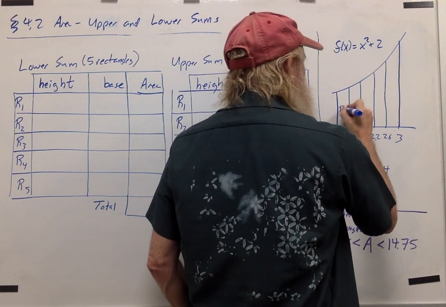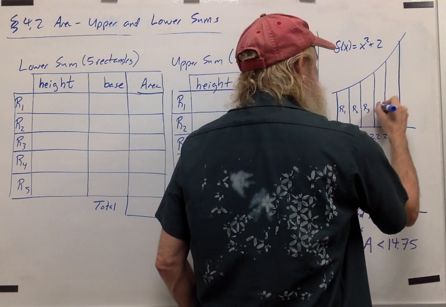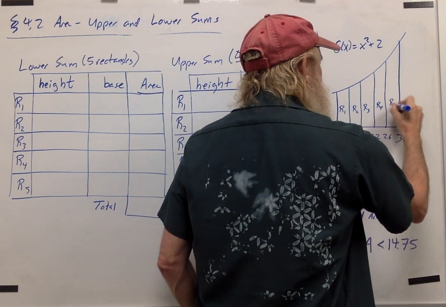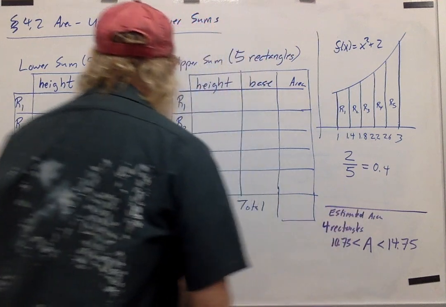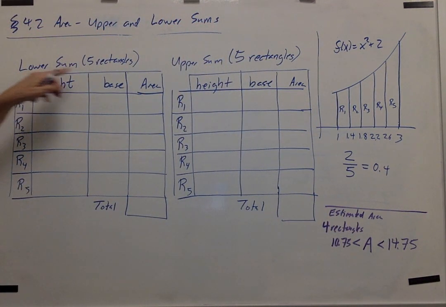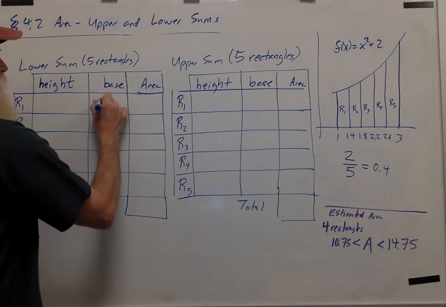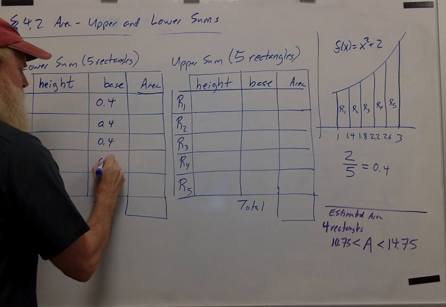So when I divide into rectangles, R1 through R5, each rectangle has width 0.4. If we use these tables for the lower sum and upper sum, we can go ahead and fill in the base for every single rectangle.